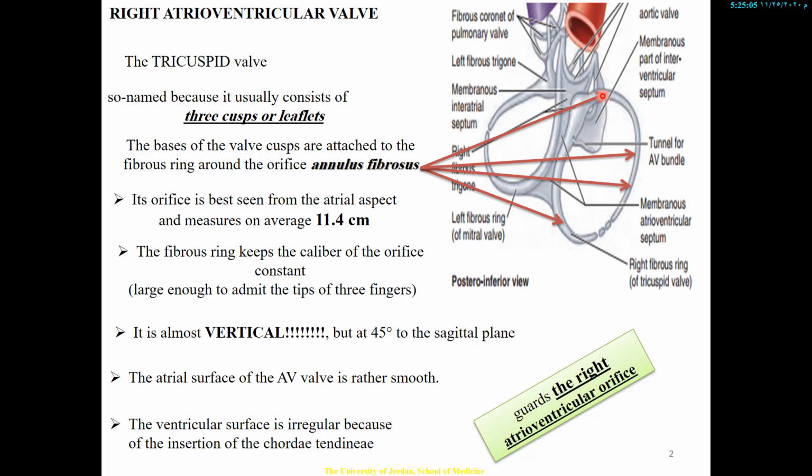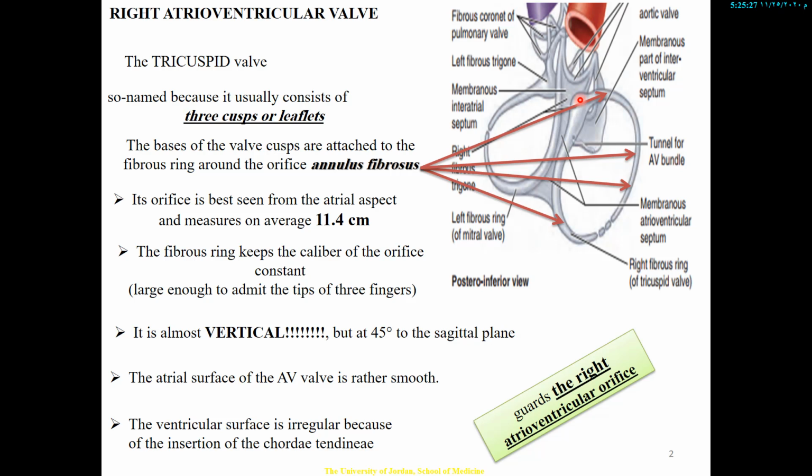If you remember, we mentioned that the heart has not only endothelium, myocardium, and the epicardium. It also has, within its structure, a fibrous skeleton.